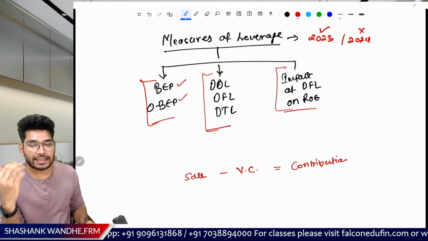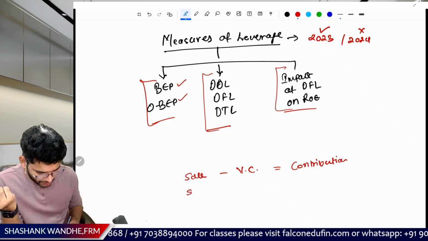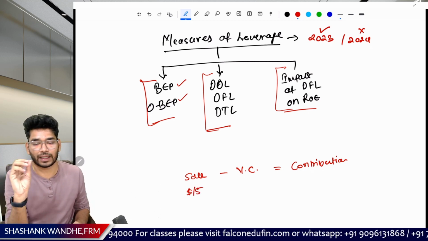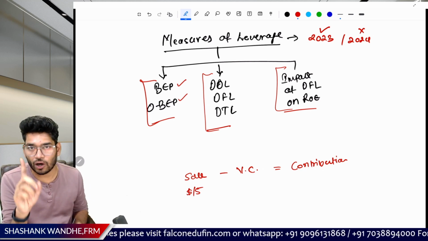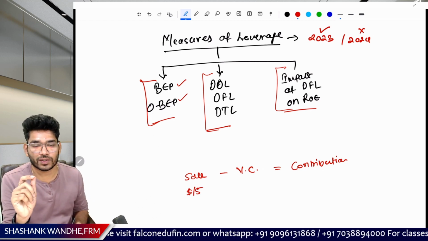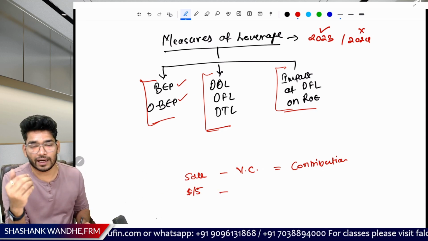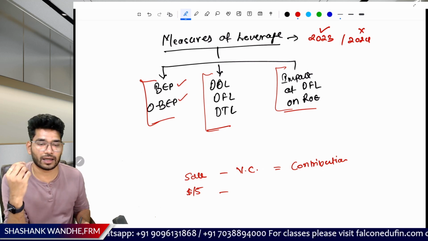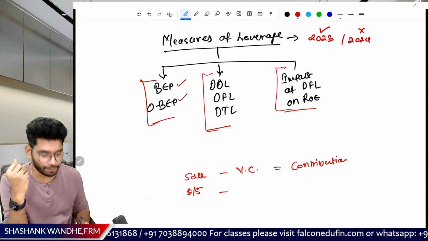Now, what is this sale and variable cost? Sale simply means sale price. So assume you are running a pizza shop, and in the pizza shop you are selling each pizza for $15. Now, to bake this pizza, you must be incurring some cost on raw materials, like cheese, bread, some toppings, some vegetables, and everything.